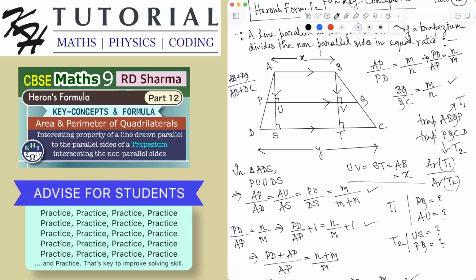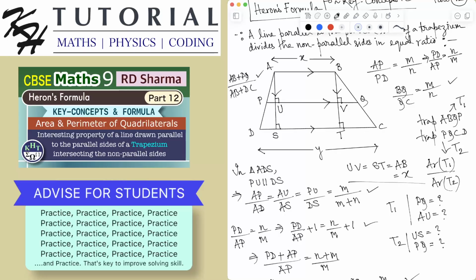Then the ratio of the area of the trapezium T1 and the area of the trapezium ABCD will be in terms of m and n. Now, will this ratio be independent of x and y?